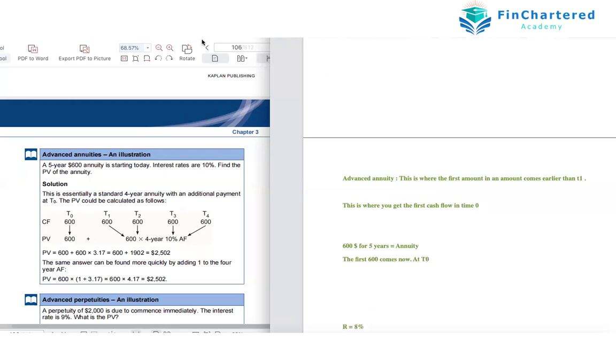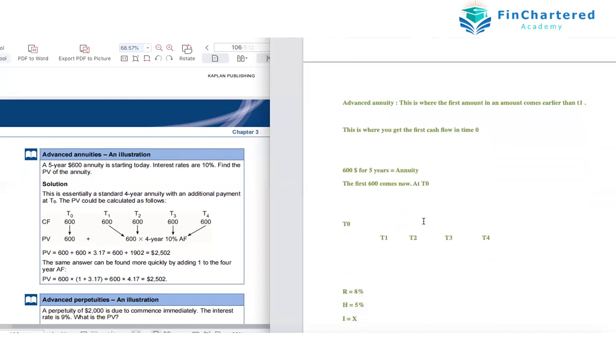So what you will do is, think about it, there are 5 years, right? First payment you get now at time zero. Second payment you will get in time one, that is after 1 year. Third payment after 2 years. Fourth payment after 3 years. And fifth payment after 4 years.